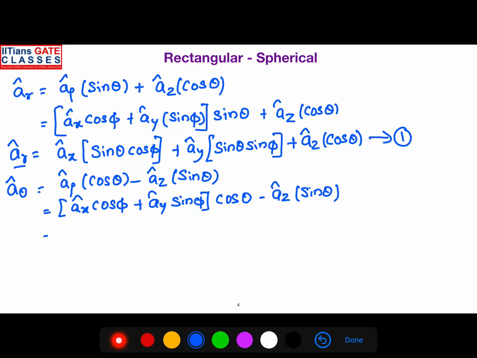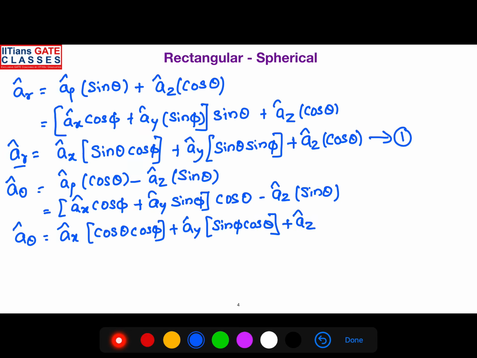So what vector do you get here? A theta: the ax coefficient will be cos theta cos phi, the y coefficient will be sin phi cos theta, and the z coefficient will be straight away minus sin theta. So this is your second equation, right?